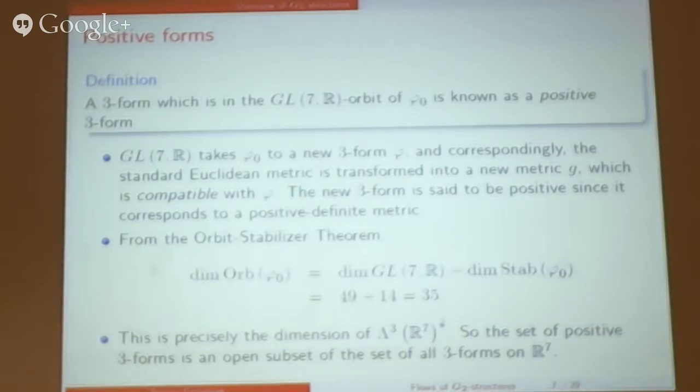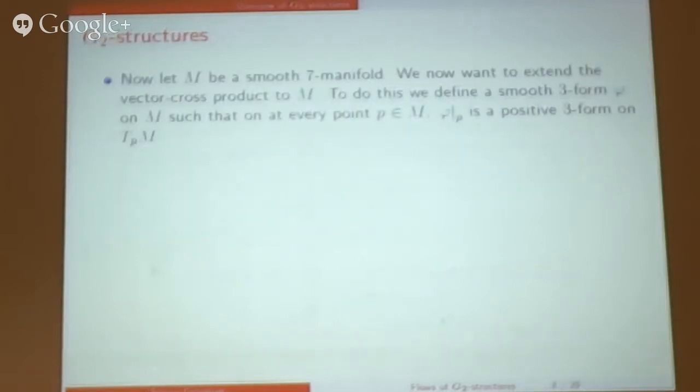Okay, so now let's get on to 7-dimensional manifolds. Yeah. So is the open subset dense? To be honest, I'm not sure. What is it? Is it an analytic subset, or is it algebraic?